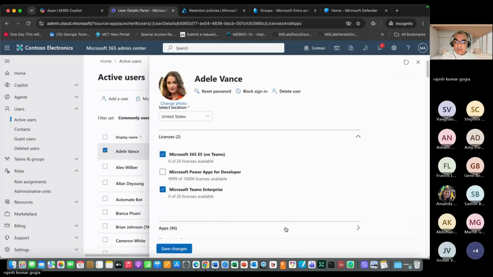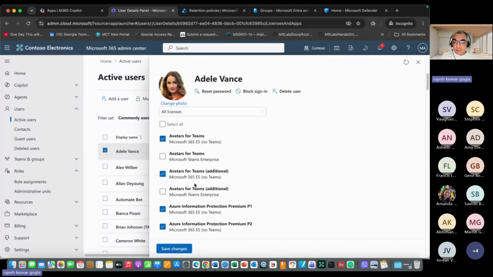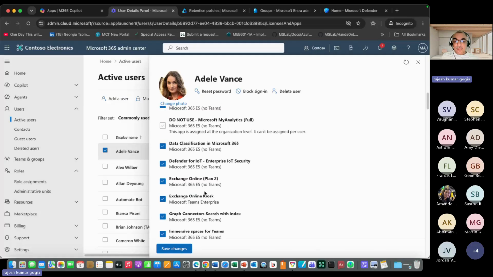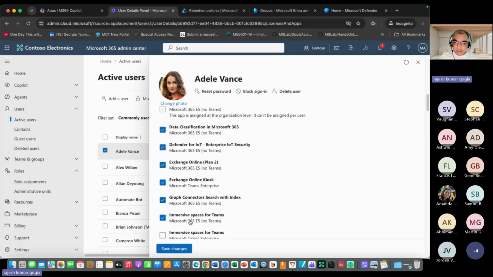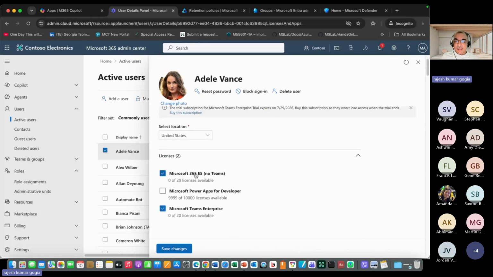See down below, based on the license assigned, whether they are going to get access to Teams and other services as well. So this is applicable only based on what license is being assigned to the end user.